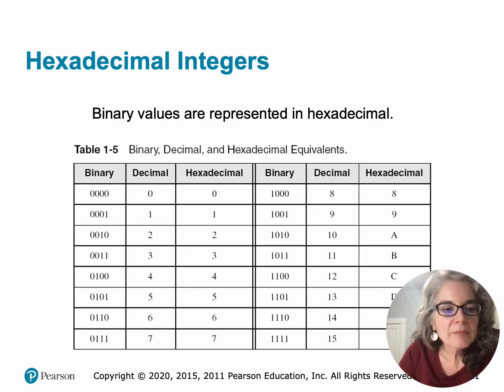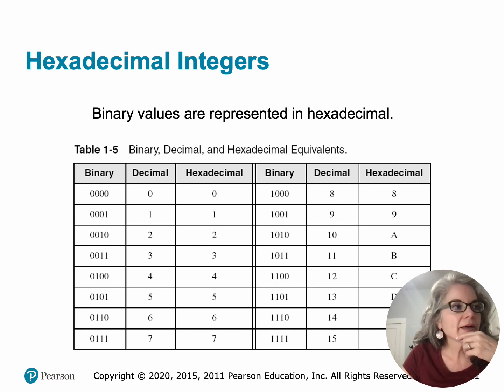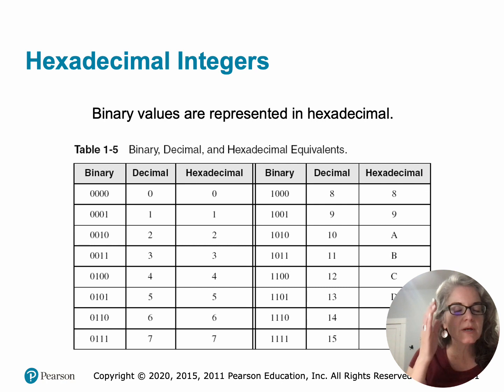Okay, so now we're going to talk about hexadecimals. If you've taken a C++ class, or a C class, hopefully you've taken a look at what happens when you create a variable. When you create a variable, it assigns a memory location.